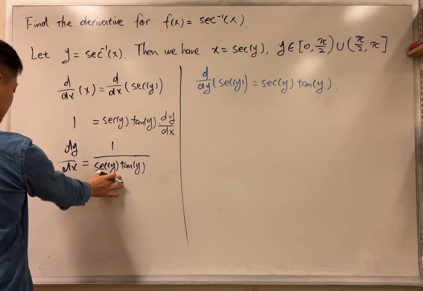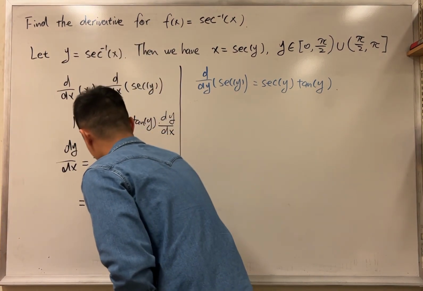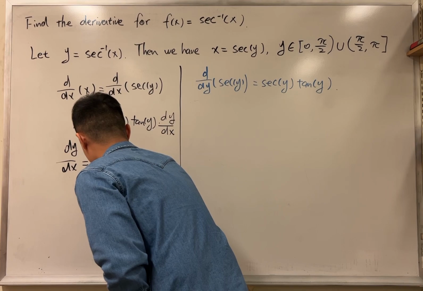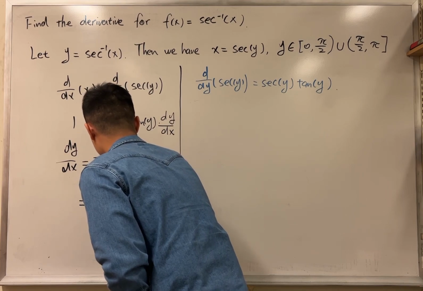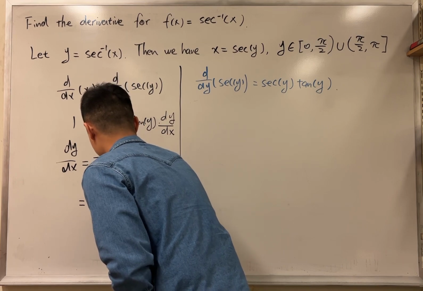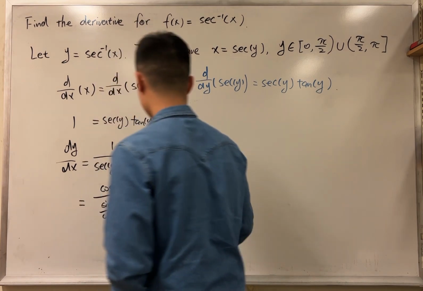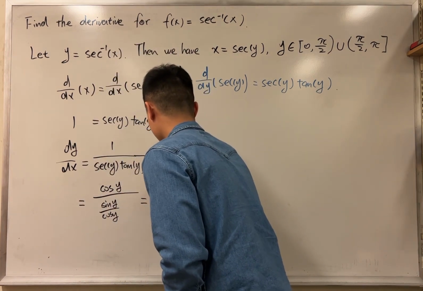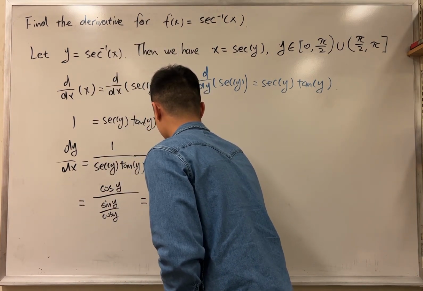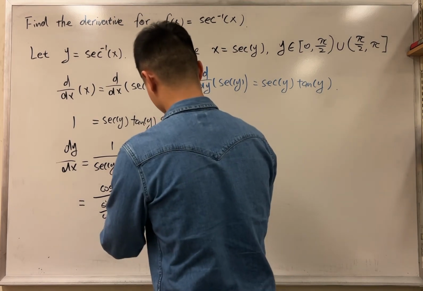We know secant is just 1 over cos. So I'm going to flip this to the top. Cos of y divided by sine of y over cos of y, which can be written as cos squared of y divided by sine of y. Just a little trick here.